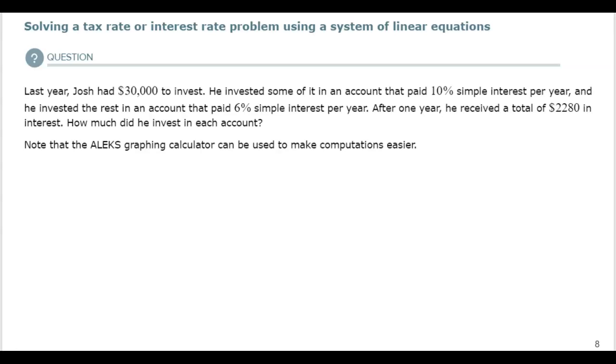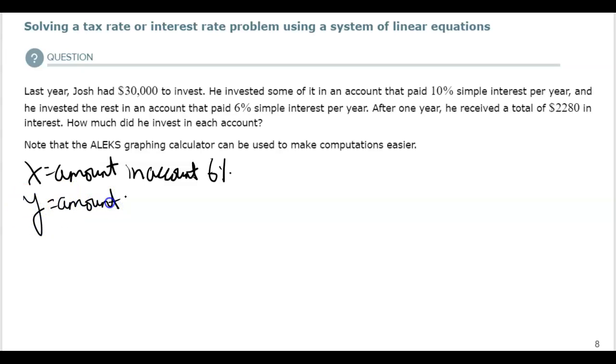So our x and y is going to be x the amount in the account of 6%, and y is going to be the amount in the account that gets 10%.